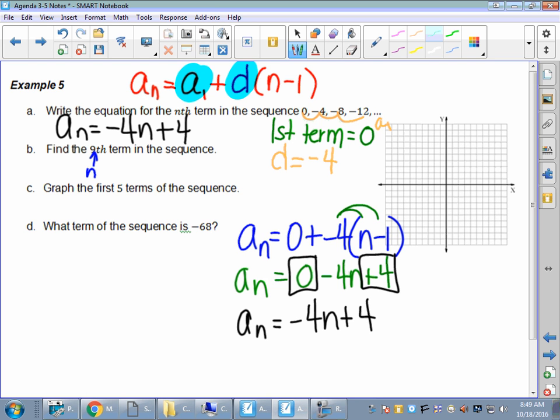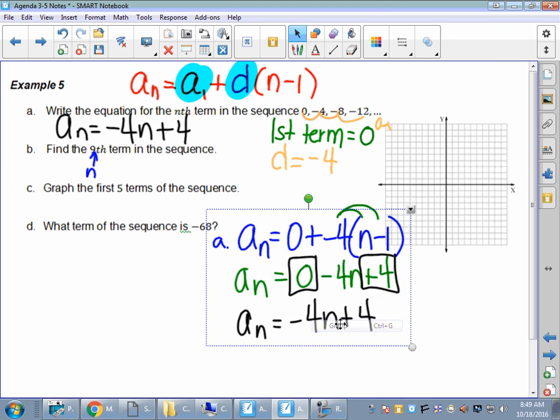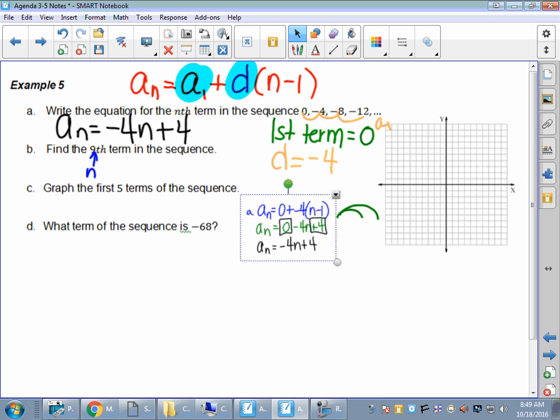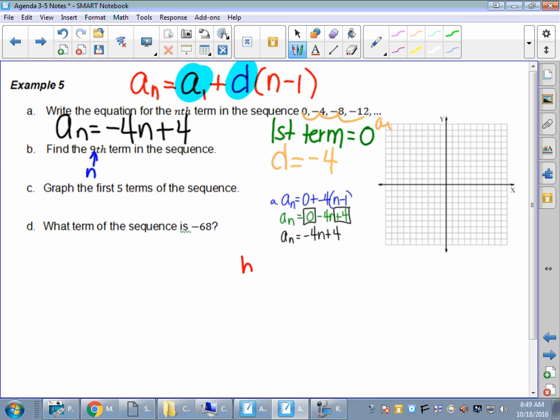I can do myself a math problem. So this is A. I can put a 9 in for that n and find myself an answer. So for B, I'm going to take that same equation, a sub 9, because that's what I want to find, equals negative 4 times 9 plus 4.